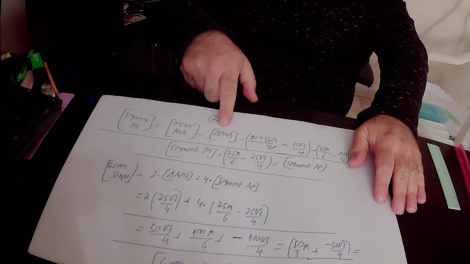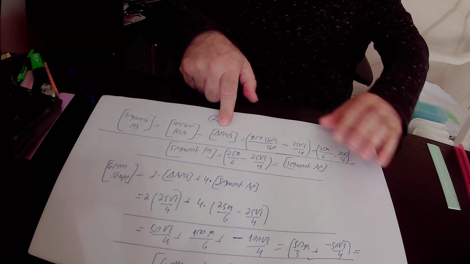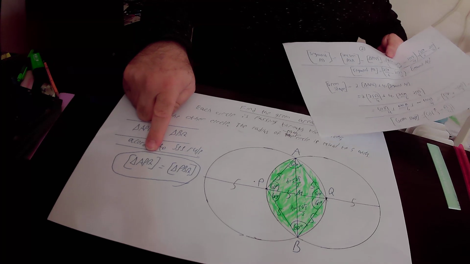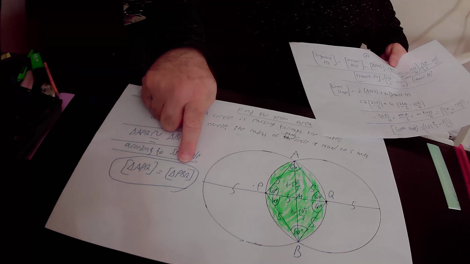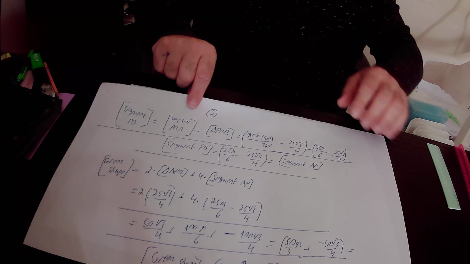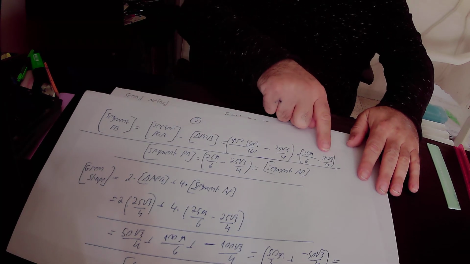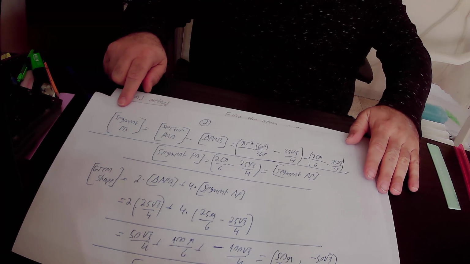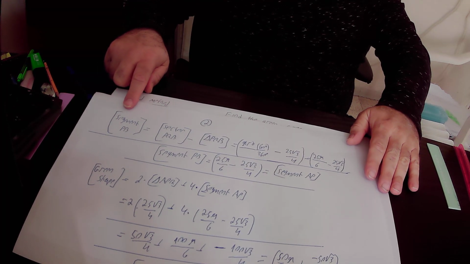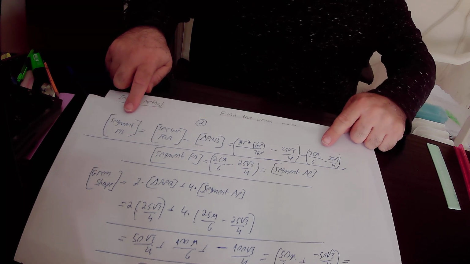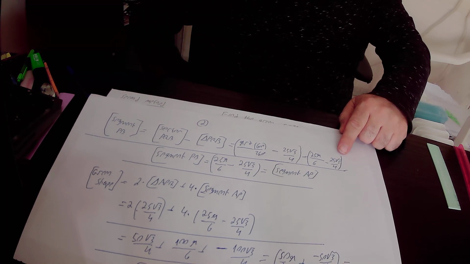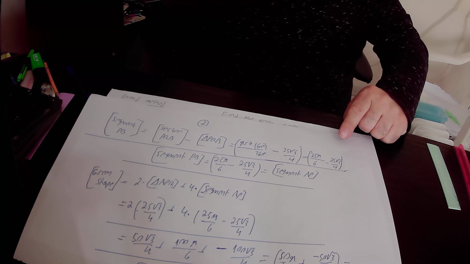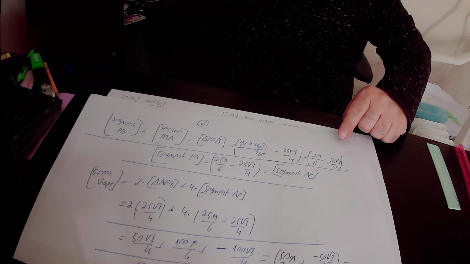And the area of triangle PQB is equal to the area of triangle AQP. Here, the area of triangle APQ is equal to the area of triangle PBQ, and we have already found out that the area of triangle APQ equals 25 times square root of 3 over 4. So in conclusion, the area of segment PB equals 25 pi over 6 minus 25 times square root of 3 over 4.